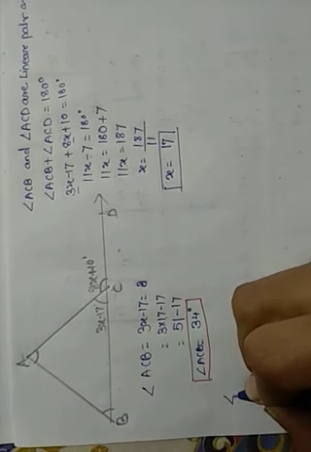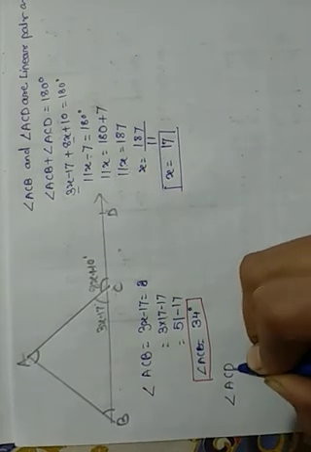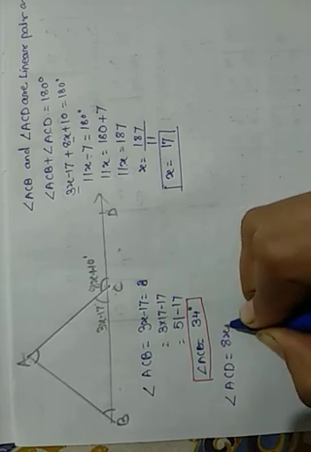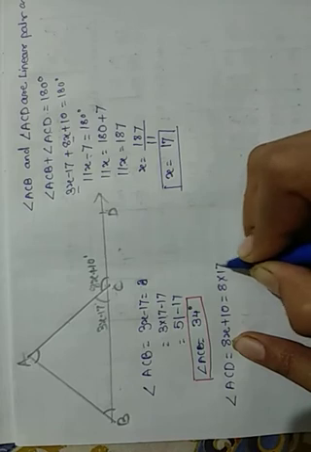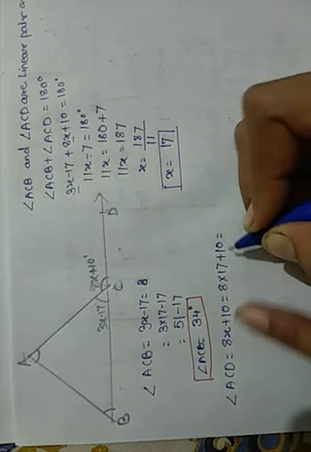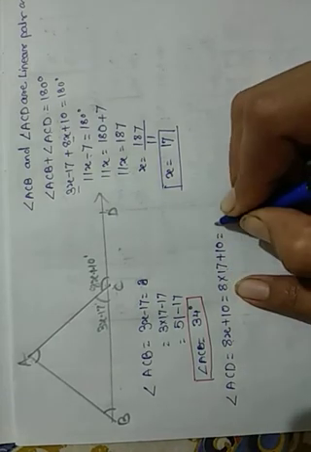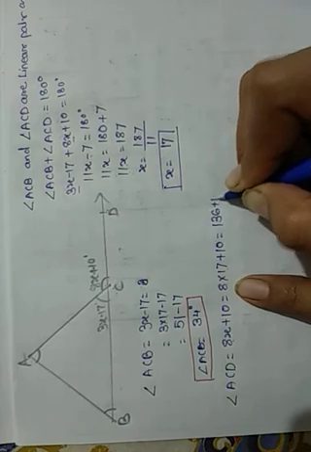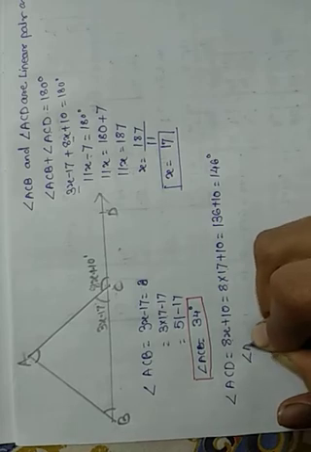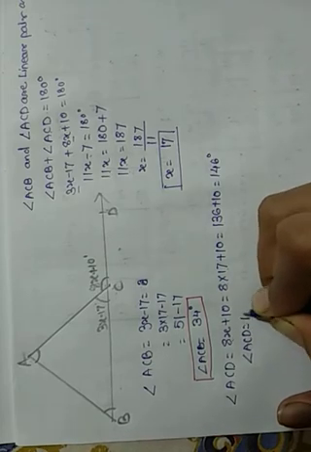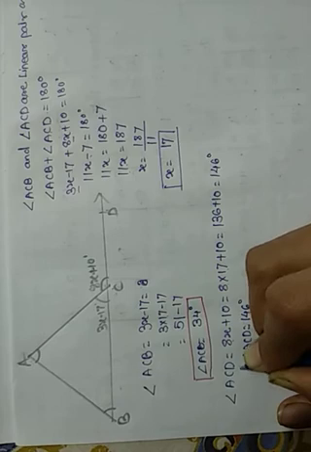Now here angle ACD is equal to 8x plus 10. It means 8 into 17 plus 10. 8 into 17, 8 7s are 56... 8 1s are 136, plus 10, that is 146 degrees. So angle ACD is equal to 146 degrees.